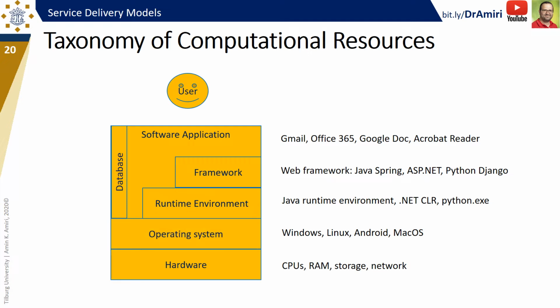Operating system, the second class, provides the ability to execute multiple applications and processes from multiple users and also share hardware resources among those applications and processes. Examples are Linux, Windows, macOS, and Android.